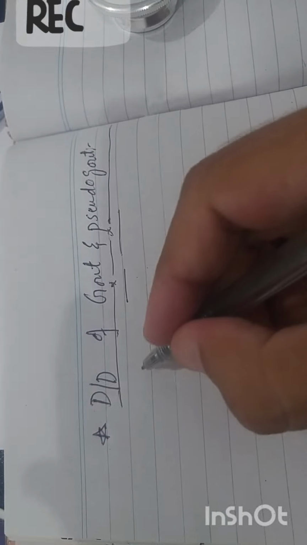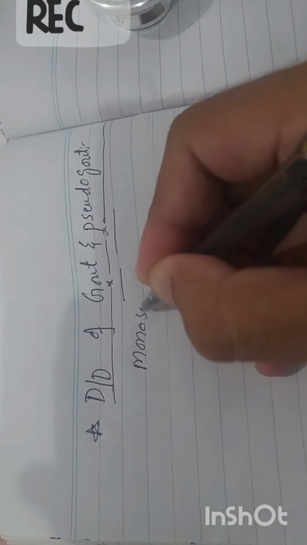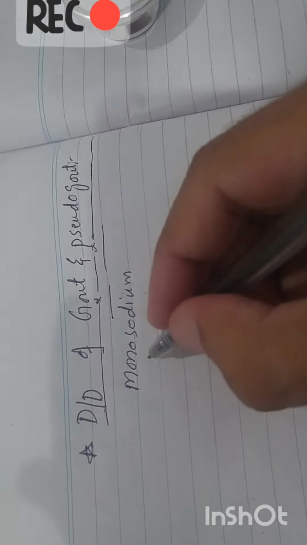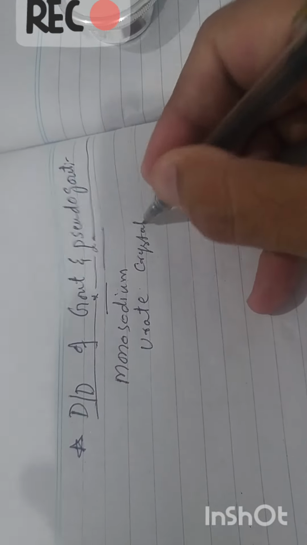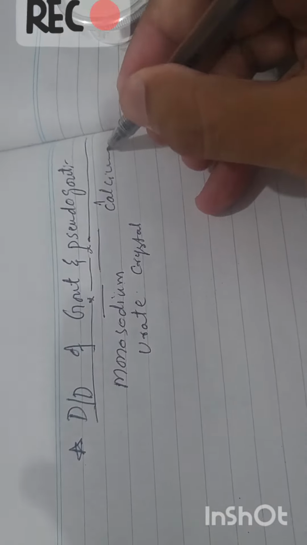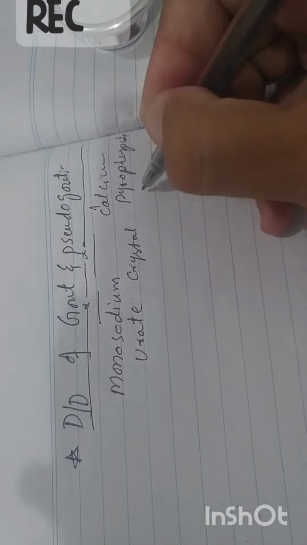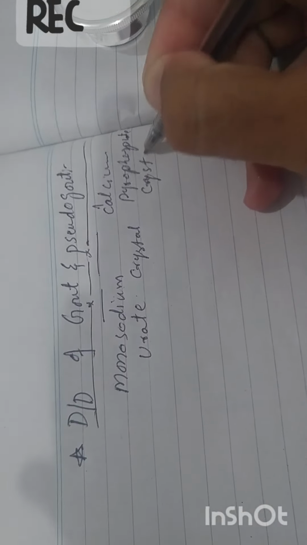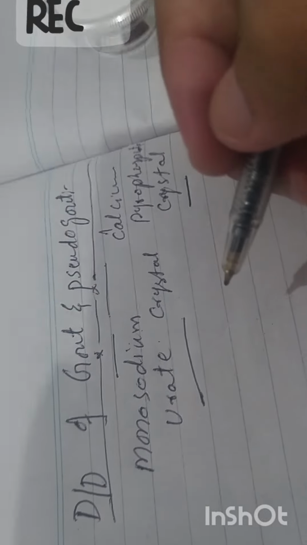In gout, we have discussed that monosodium urate crystal deposition occurs, while in pseudogout, calcium pyrophosphate crystal deposition occurs. So this was all about the definitions of gout and pseudogout.